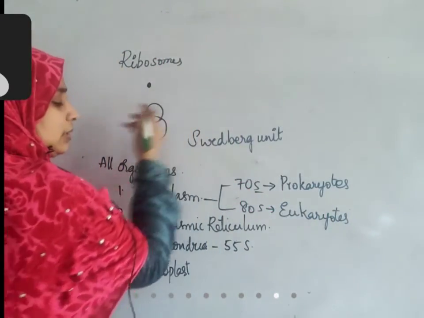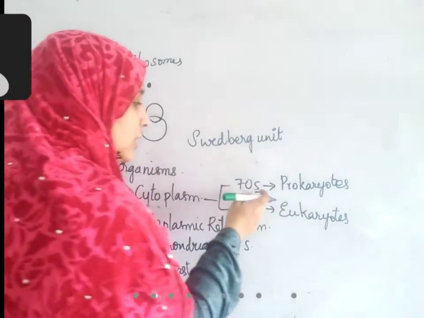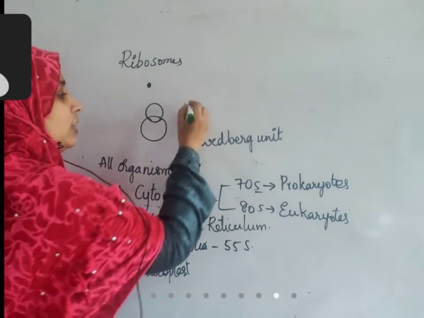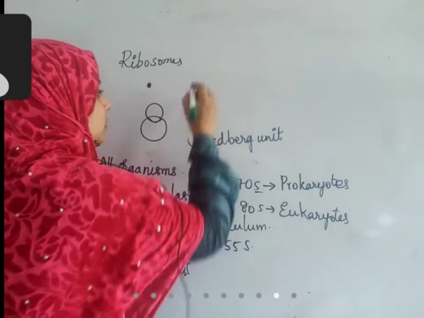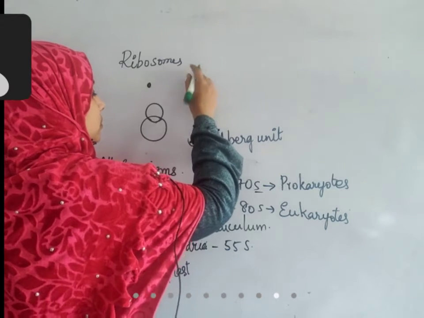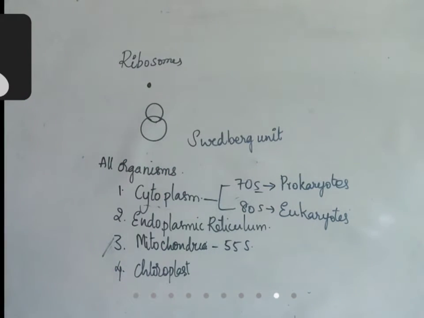In the 70S ribosome, we can see the subunits.